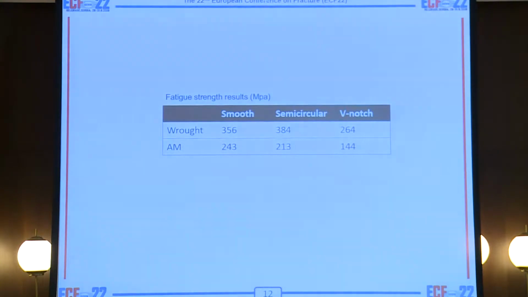They had a roughness equal to 60 micrometer, which is considerably higher than 25 and 20 micrometer for the machined samples. Besides that, some internal defects exist in the case of 3D printed samples that can result in this lower fatigue behavior.